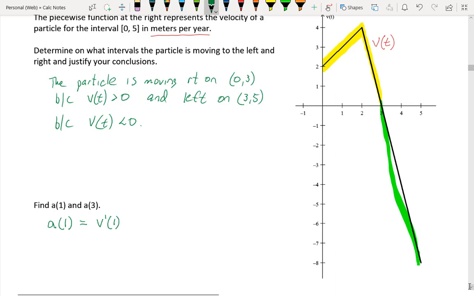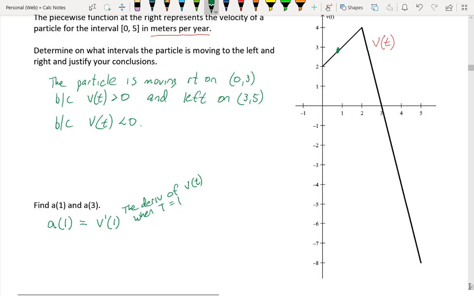So really what they're saying is find the derivative of v of t when t equals 1. So what does that mean? It means find me the slope when t is equal to 1.